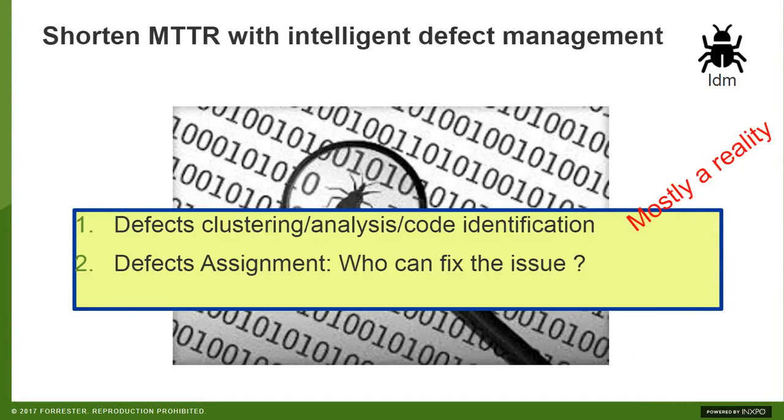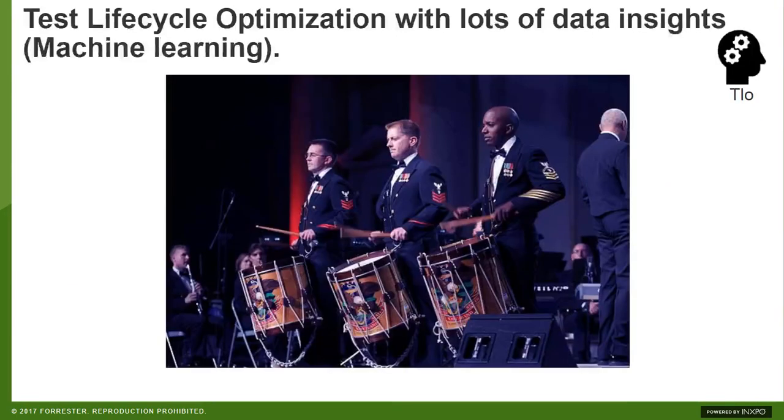So that reduces mean time to repair. Again, especially number one is mostly a reality. And number two, there are projects that system integrators are doing with large end user customers to address the issue.